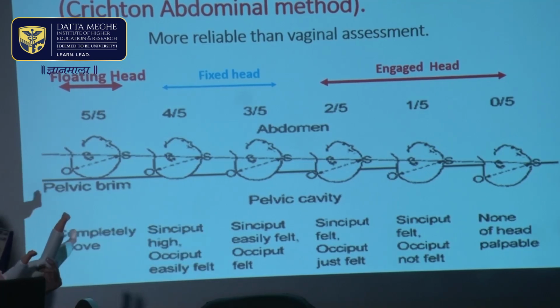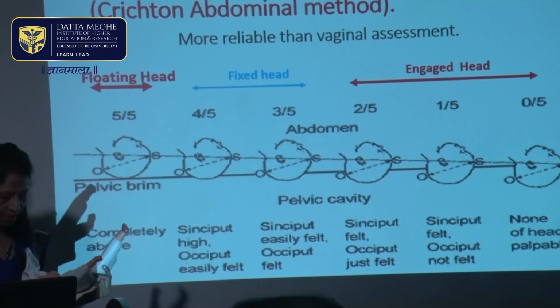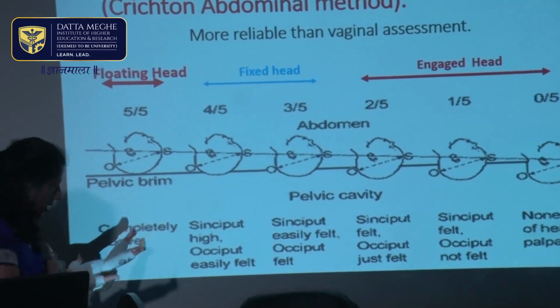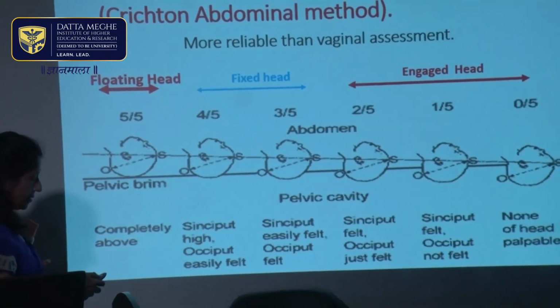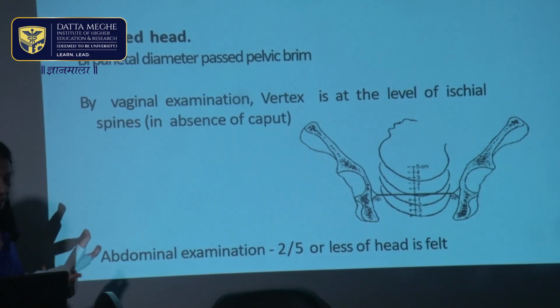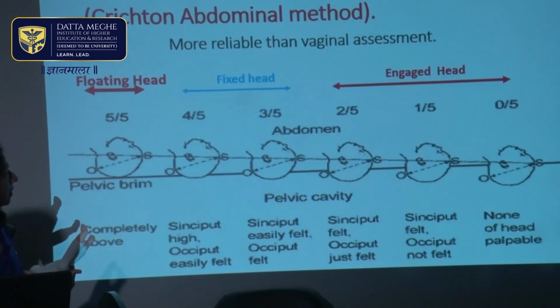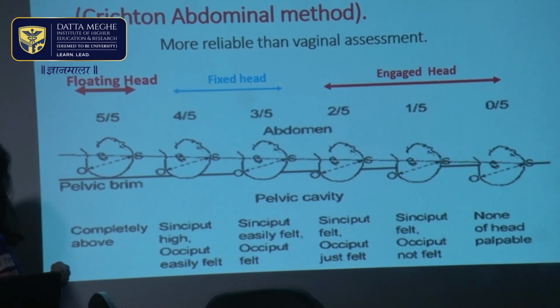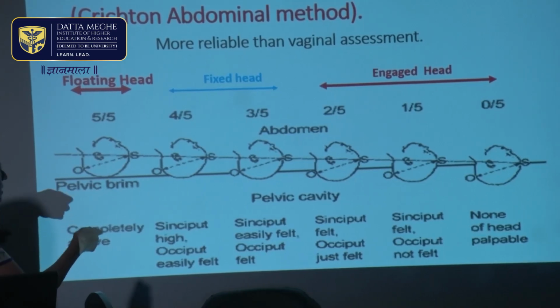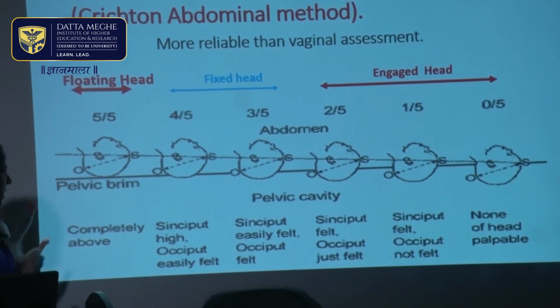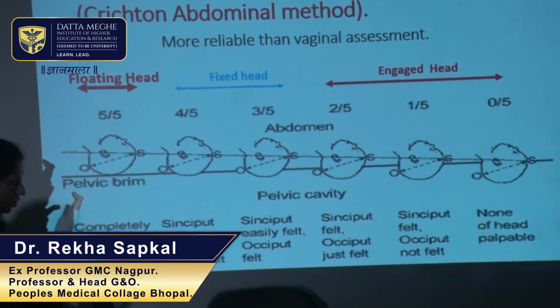Crichton method is an abdominal method to assess the engagement of the head. Floating head is 5/5 palpable. Fixed head means per abdominally it is 4/5 palpable or 3/5 palpable.